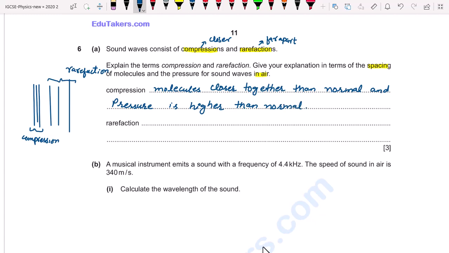Rarefaction: molecules further apart than normal, and pressure is lower than normal.